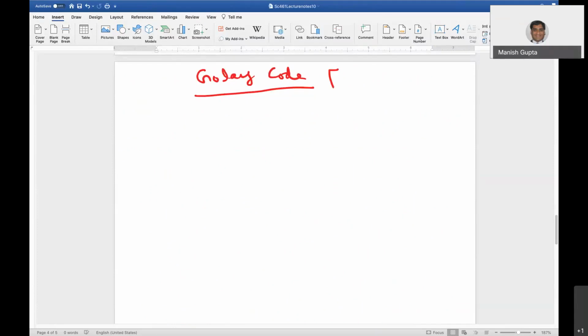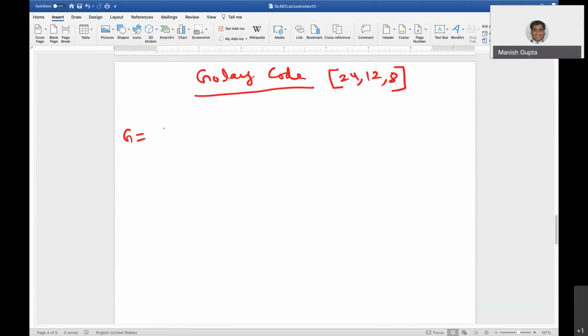The parameters are 24, 12, and 8. And then the punctured code of it is nothing but the perfect code, so that is 23, 11, 7. So how do we construct this 24, 12, 8 code? We construct a generator matrix like this.